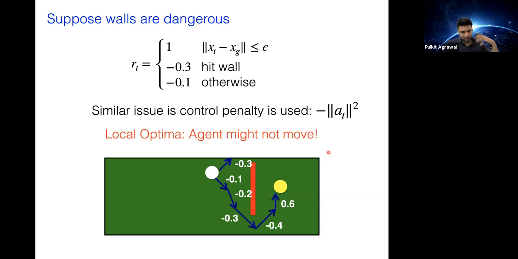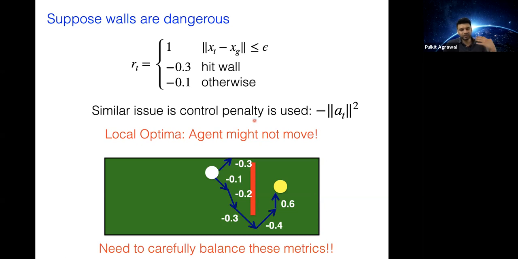So if you're designing reward functions, you need to think like a hacker. If I do something, how could my RL policy fool me, or fool the reward function, to solve the problem, right?